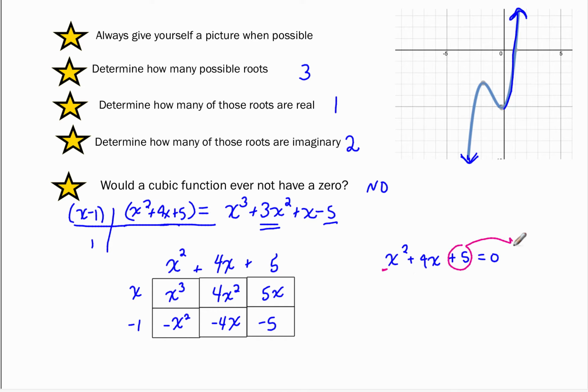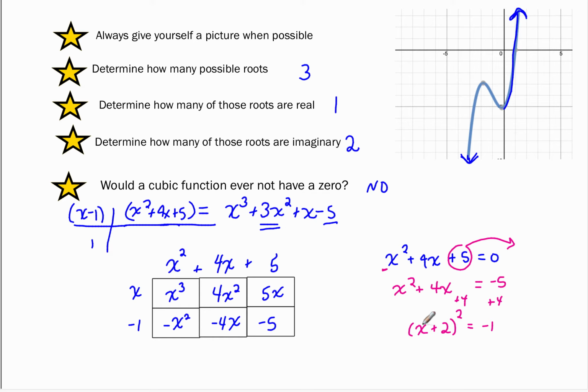The 5 goes over to the other side, getting me a negative 5. So I have x squared plus 4x. Take half of 4, which is 2. So that means the binomial has to be x plus 2 squared. 2 squared is 4, which means I must have added on 4 to both sides to get this. So that's negative 1.